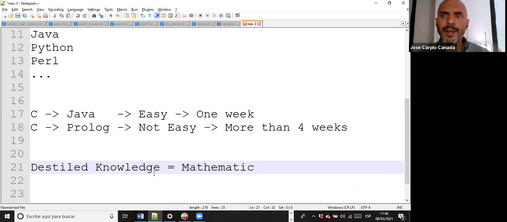So that's mathematics for me. It's not something too complicated. Sometimes the way to describe mathematics is complicated for humans, but I'm going to try not to confuse you with mathematical terms. I only try to give you the idea, because the idea behind a mathematical expression is usually easy to understand.